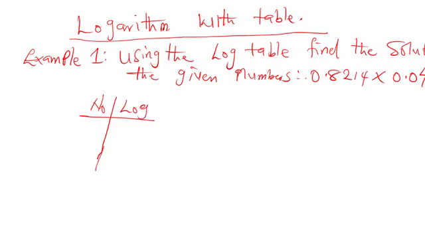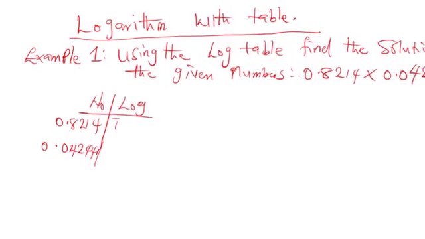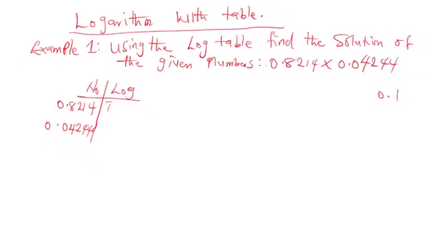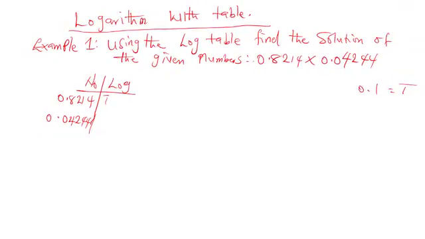The numbers we are dealing with are 0.8214, and under it 0.04244. The sign of 0 point signifies we have a 0 here, so it's called bar 1, the negative logarithm, because in log with table, if there is one 0, it's called bar 1, that's a minus 1.